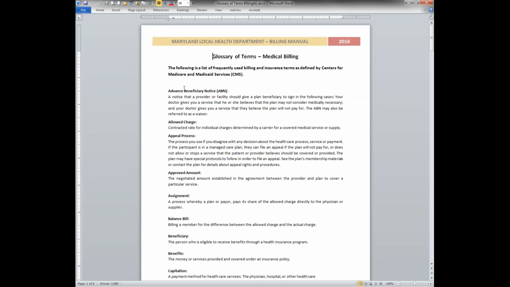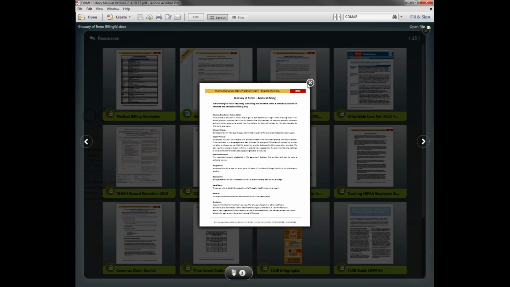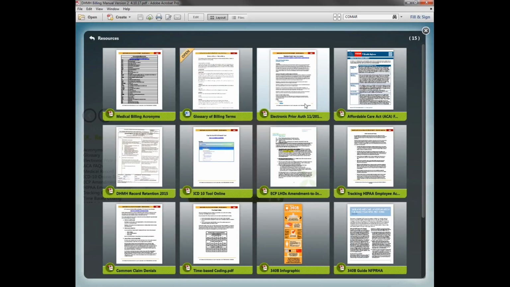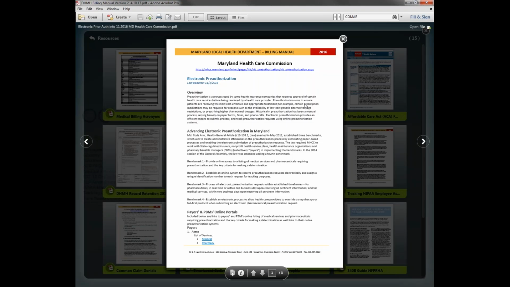Glossary of terms, again, that's a little bit different than the acronyms, just a description of what we mean when we say allowable charge, fee schedules, balance billing. It's a nice resource. This is a little bit of information about the Healthcare Commission, about electronic pre-authorization.